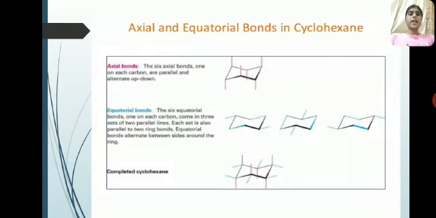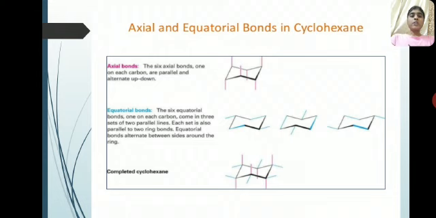The first topic is axial and equatorial bonds in cyclohexane. Axial bonds are denoted in pink and equatorial bonds in blue, as shown in the figure. The 6 axial bonds, one on each carbon, are parallel and alternate up and down.